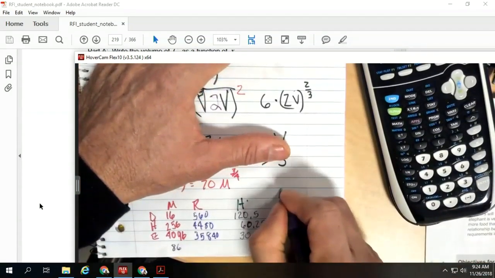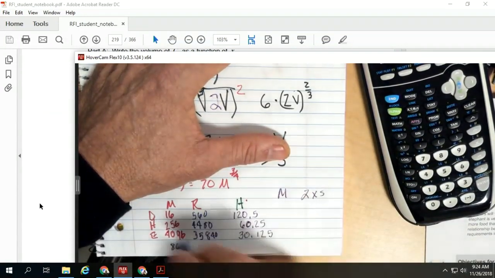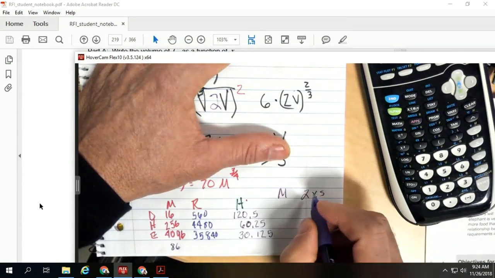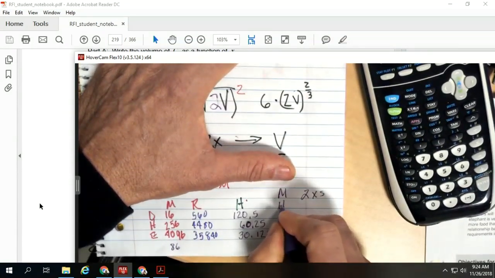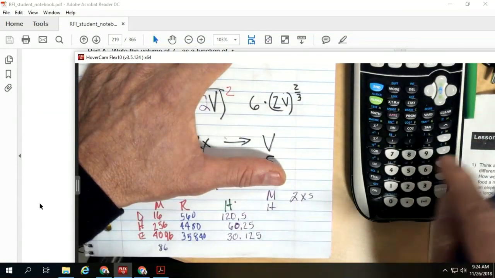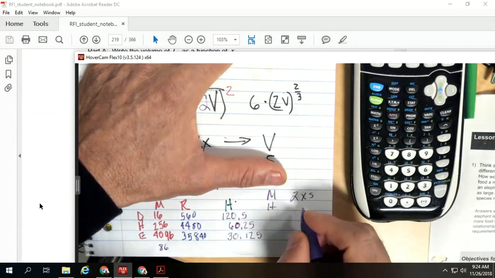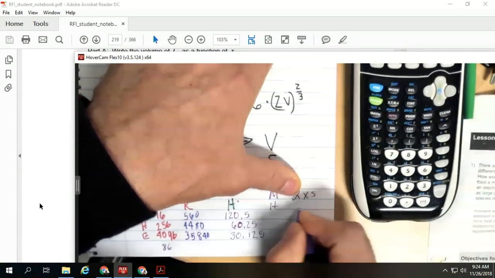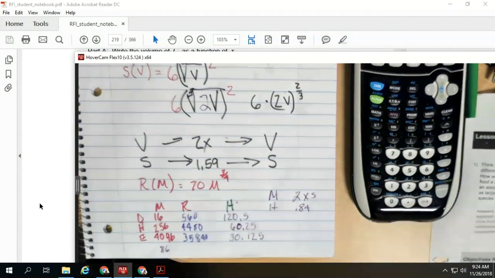So if the mass doubles, the heart rate only increases by 2 to the negative 0.25, only increases by 0.84.